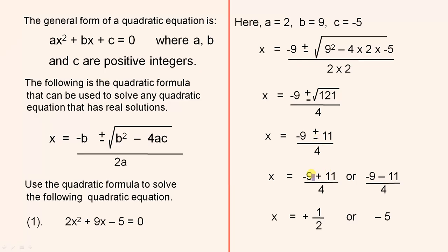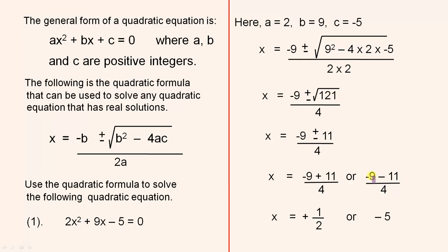So minus 9 plus 11 is 2. 2 over 4, when we simplify it, gives us plus a half. So plus a half is one solution of this quadratic equation.